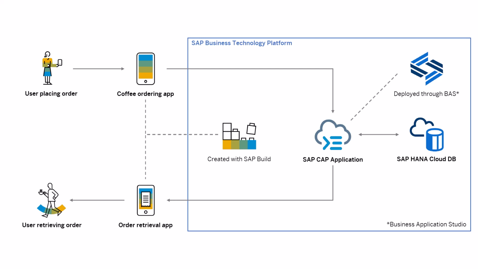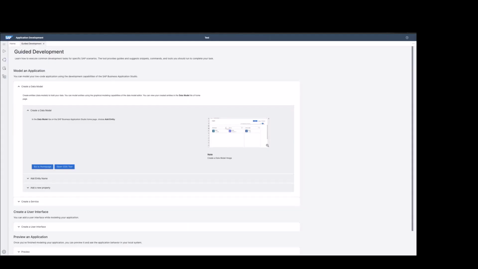Yeah, so in this case, for the app I built to submit orders, obviously you need to query a table, and in that case, it had to be an external table. It can't be defined within the app logic, because the orders that a user submits need to be recalled from a different device. So I used the guided development tool in SAP Business Application Studio to spin up an API.